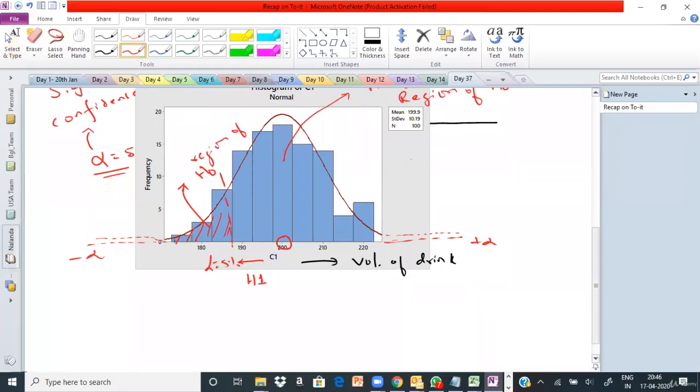Now what I have to do is given my alpha, which is 5%, can you tell me what is the Z value from the tables? Can anyone of you open from the tables and tell me what is the Z value?